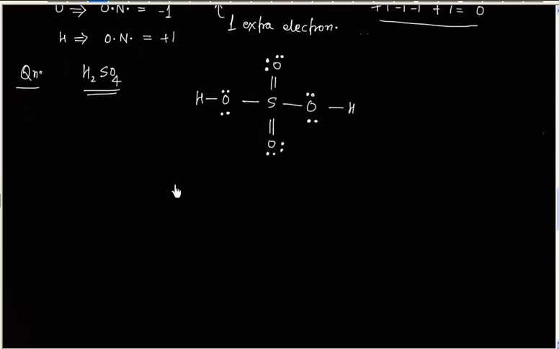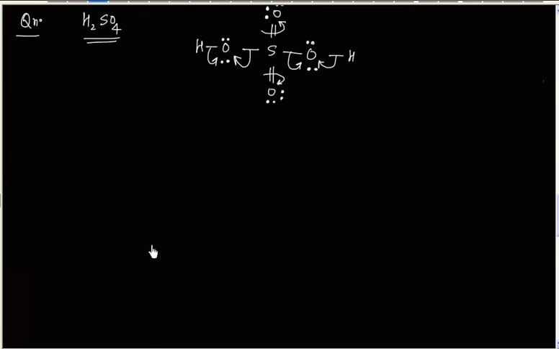Now we can divide electrons. These 2 electrons will go to oxygen, and oxygen is more electronegative than sulfur. Same here, oxygen is more electronegative. And here again oxygen is more electronegative. And these 2 electrons will also go to oxygen.